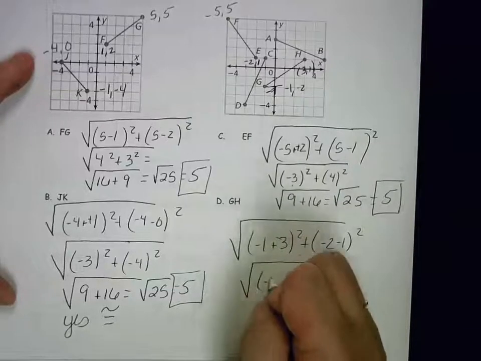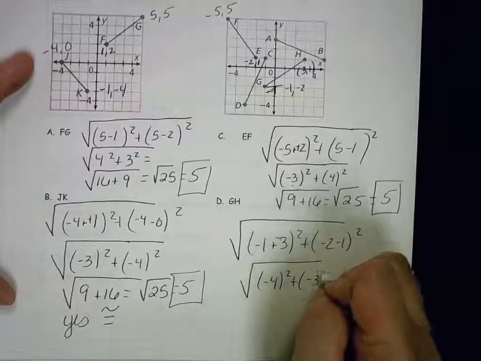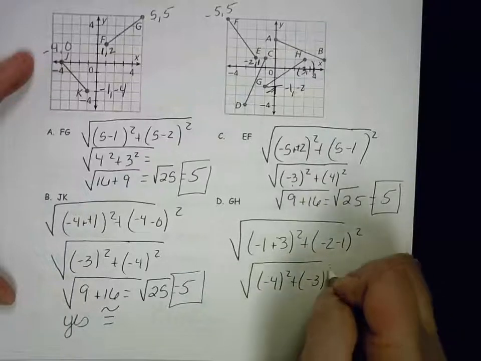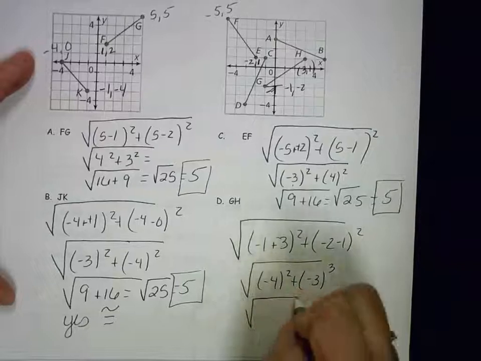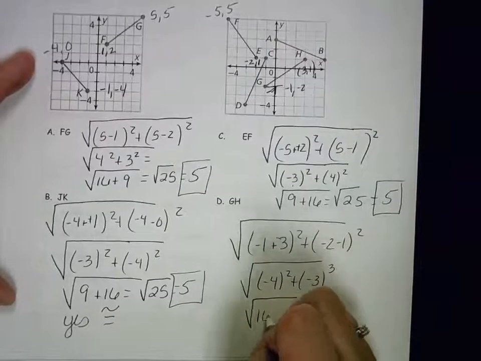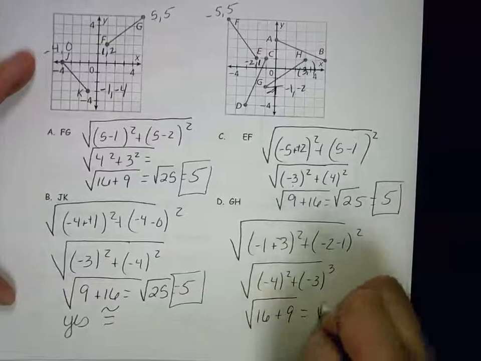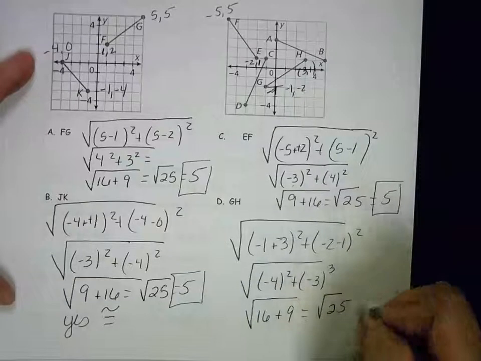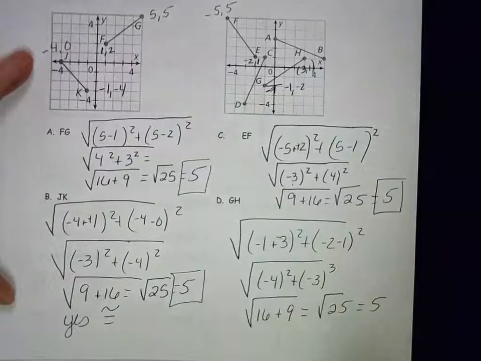So this will be a negative 4 squared, negative 3 squared, which will be 16 plus 9, which is the square root of 25, which is 5. So all of those are congruent.